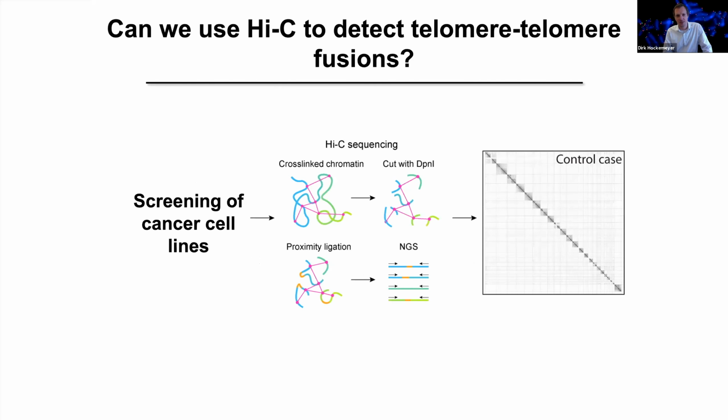And so we screened a panel of cancer cell lines with the hypothesis that we would be able to identify telomere-telomere fusions in cancer cell lines. We did this using the very same approach, using Hi-C sequences of cancer cell lines. And this is a contact map of now a human cell line. You have your 23 chromosomes, and you would see that this is a normal linear depiction of the 23 chromosomes.